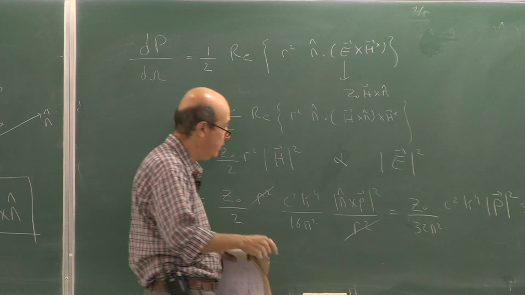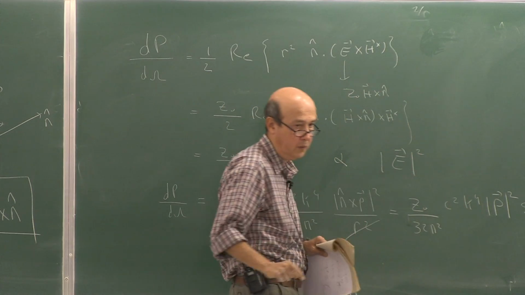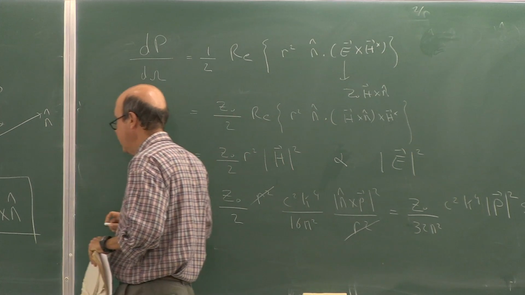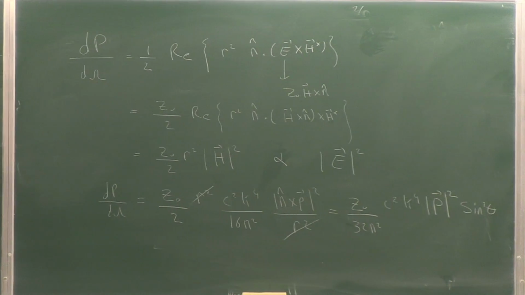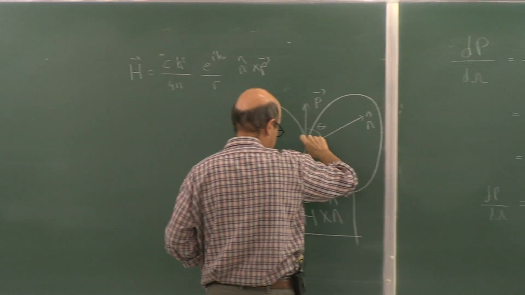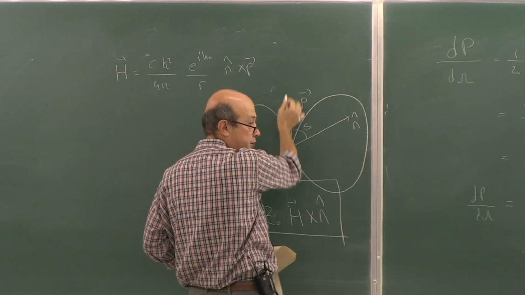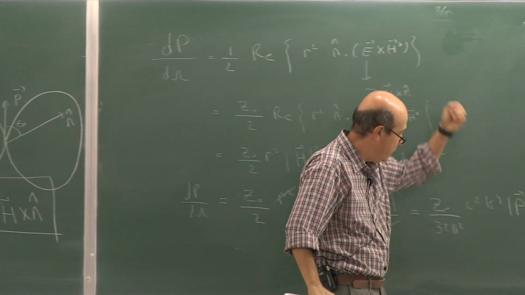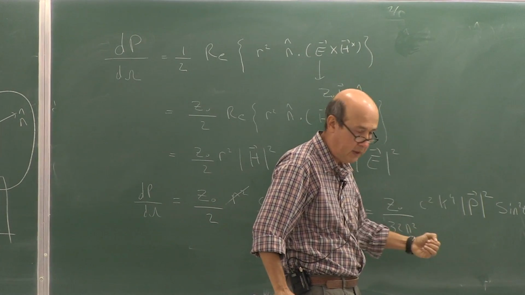What do you need to calculate? Just the electric dipole moment. And if you have the electric dipole moment p, the distribution of the radiation is something like this. Suppose that there is an oscillating dipole in one dimension.